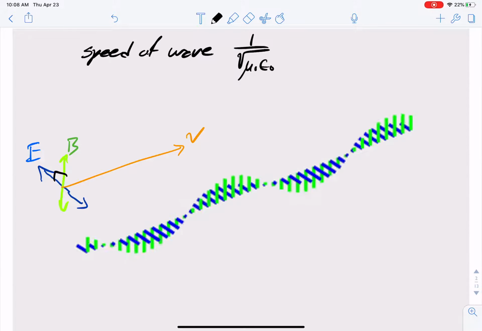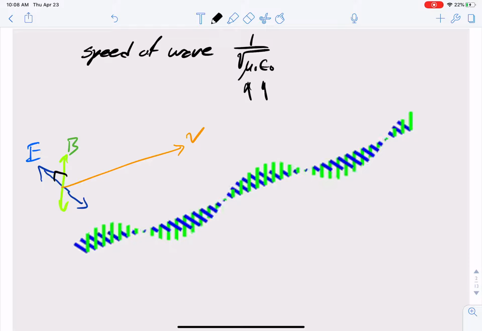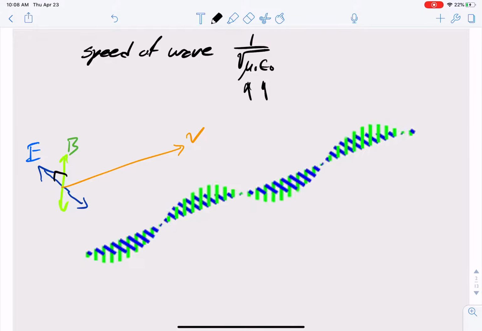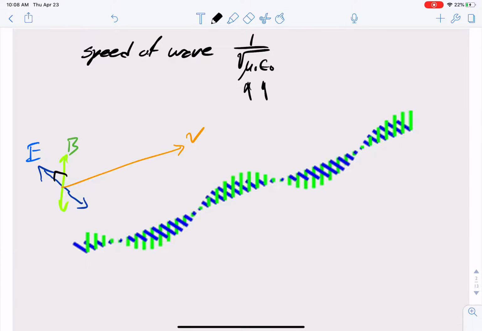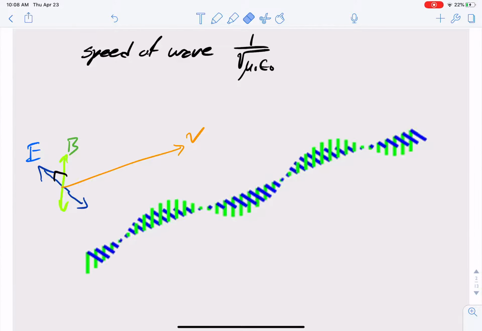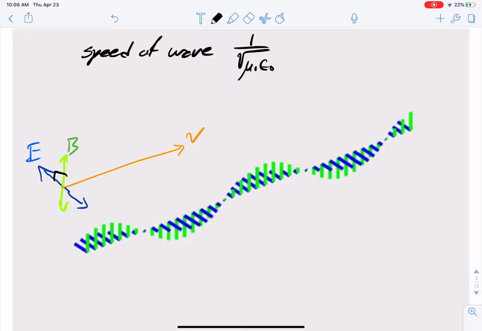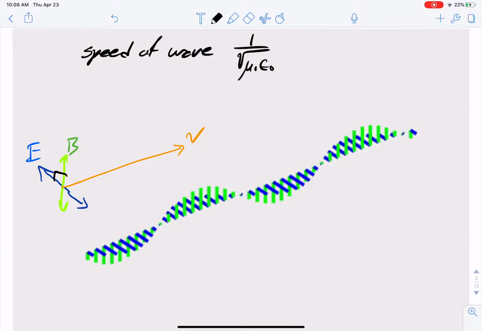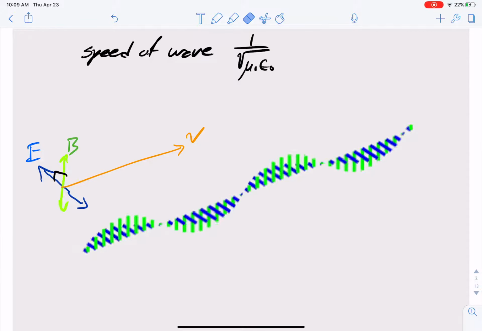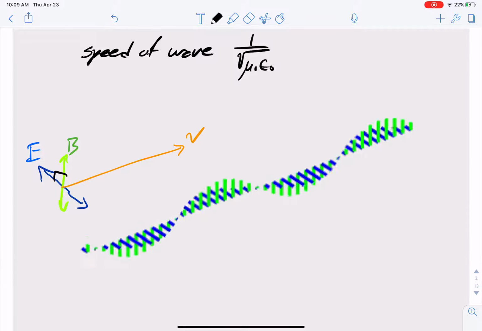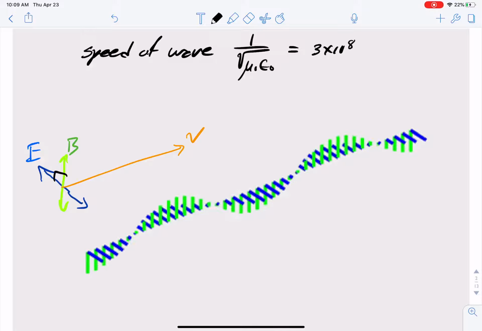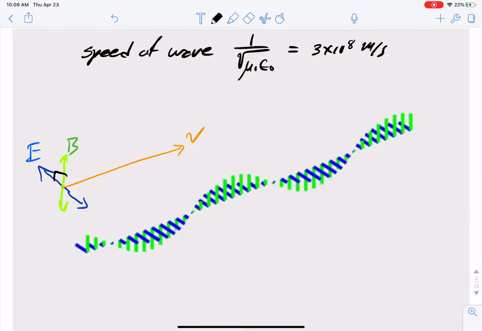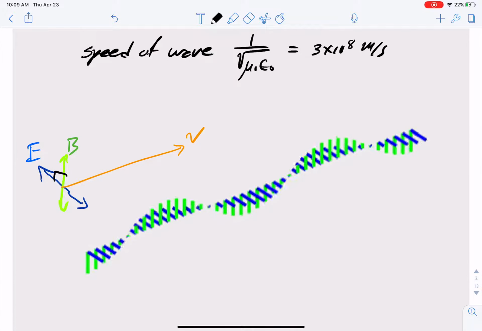These two constants are well-known constants determined by measuring forces, distances, and currents, so they have some already predetermined values. But if you multiply them, take the square root and invert it, you get this very high number, 3 times 10 to the 8th.